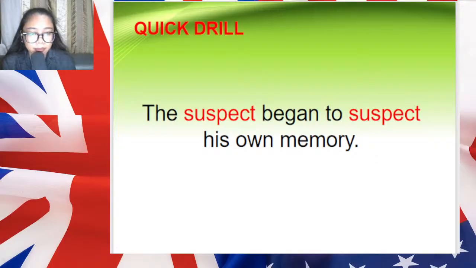So yes, we shift to the verb from suspect. That's the verb, with the stress on the second syllable.